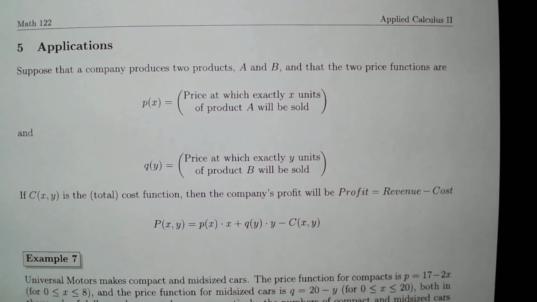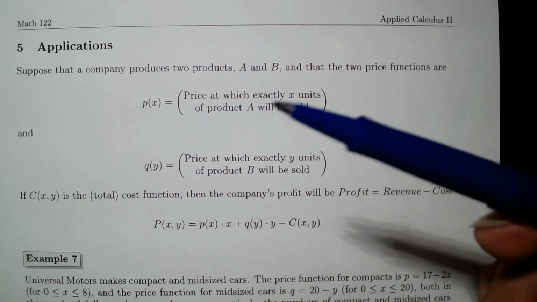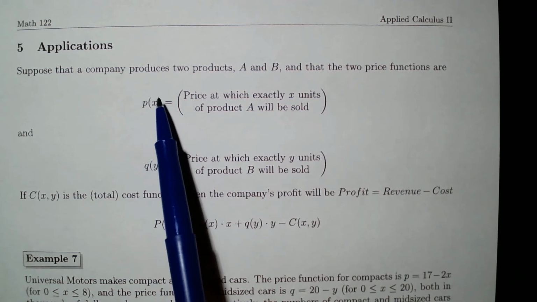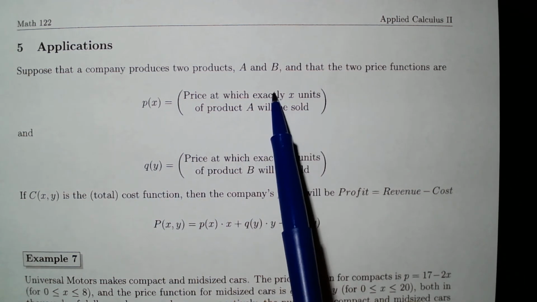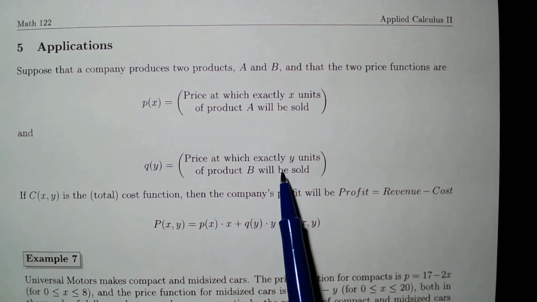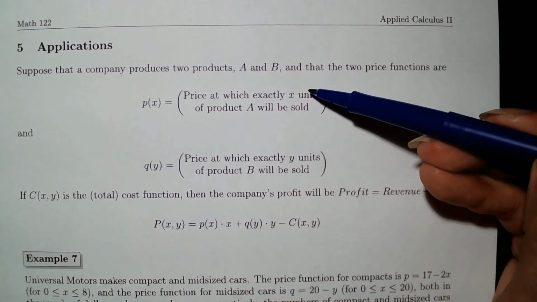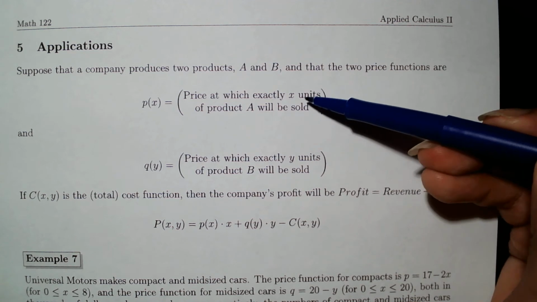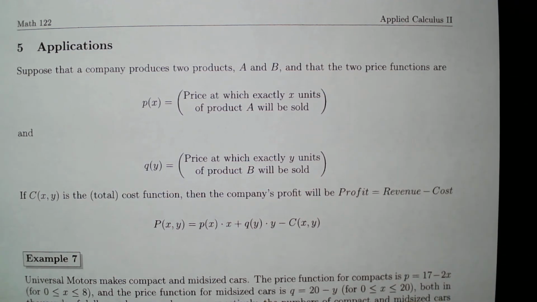Okay, because in this case, we consider that the two products are different and they both have different prices. And in this case, these prices are functions of x and y respectively, where x and y are the number of units sold of each article.